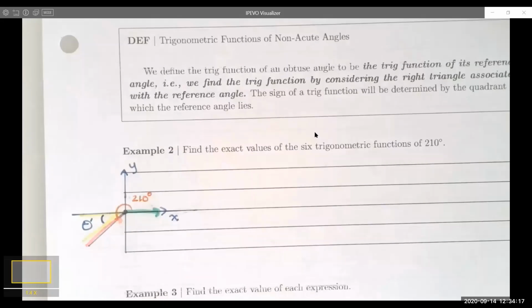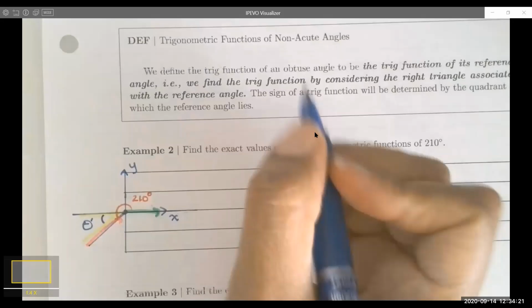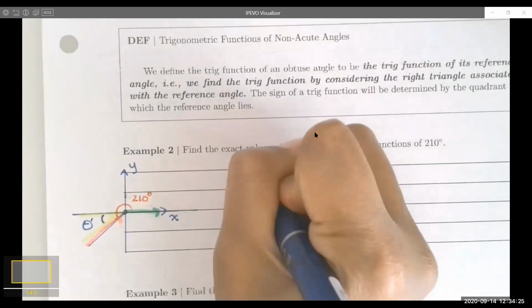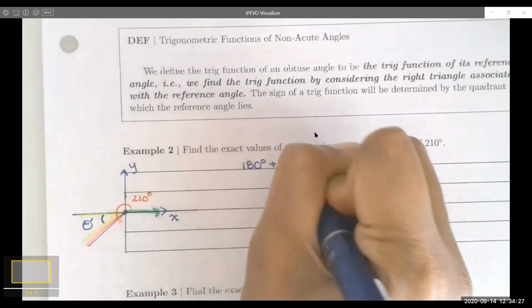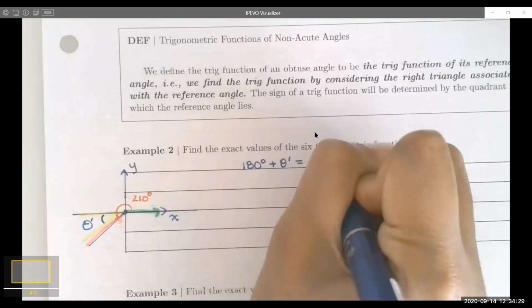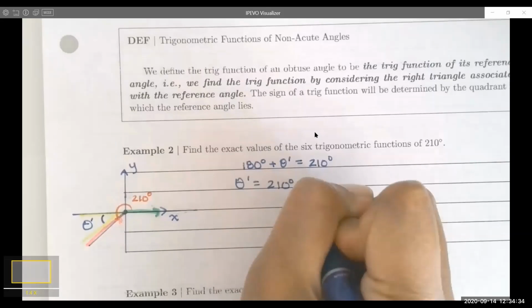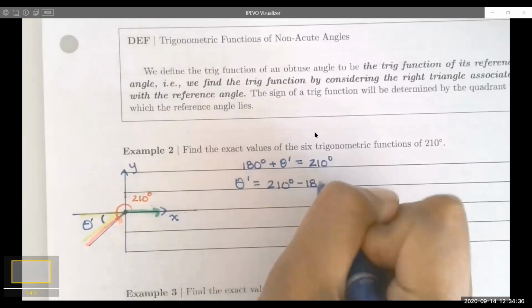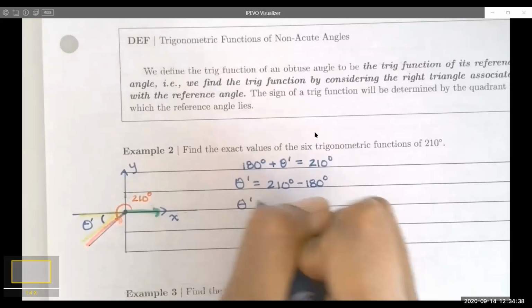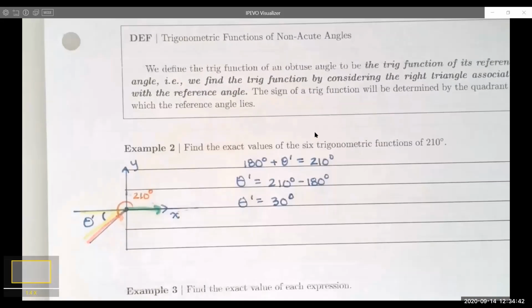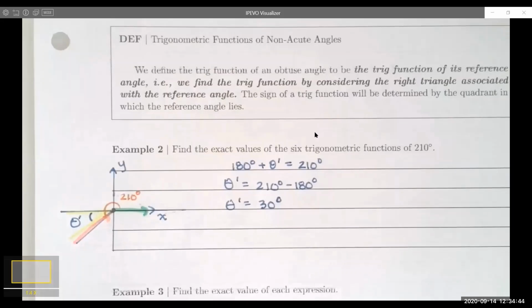So if we want to find the reference angle, we can say 180 degrees plus the reference angle theta prime gives us 210 degrees. So subtract 180 from both sides, and we get that the reference angle is 30 degrees. So that's the first part.